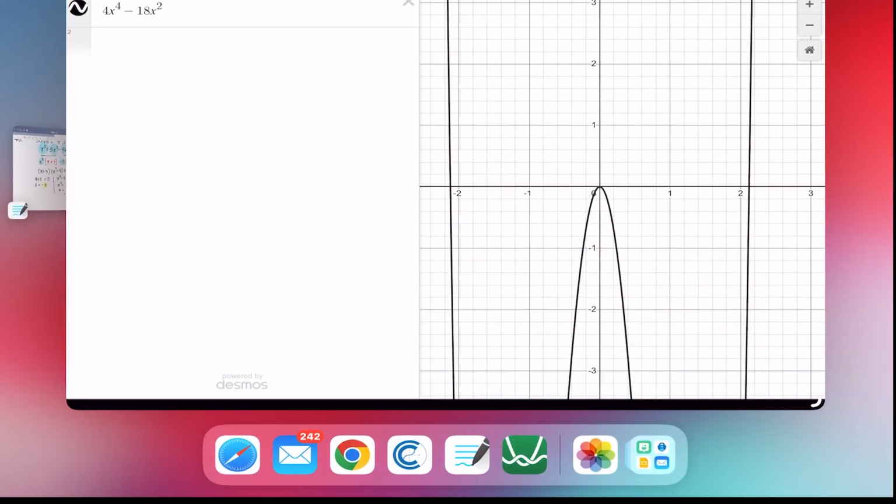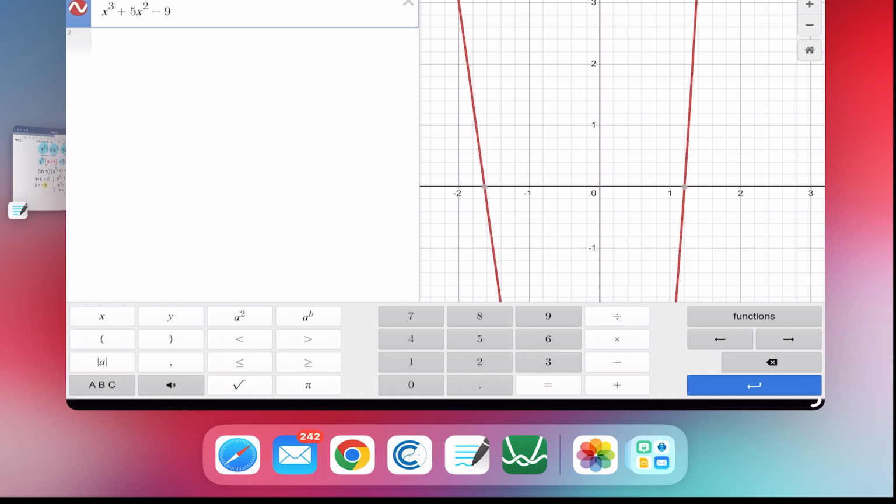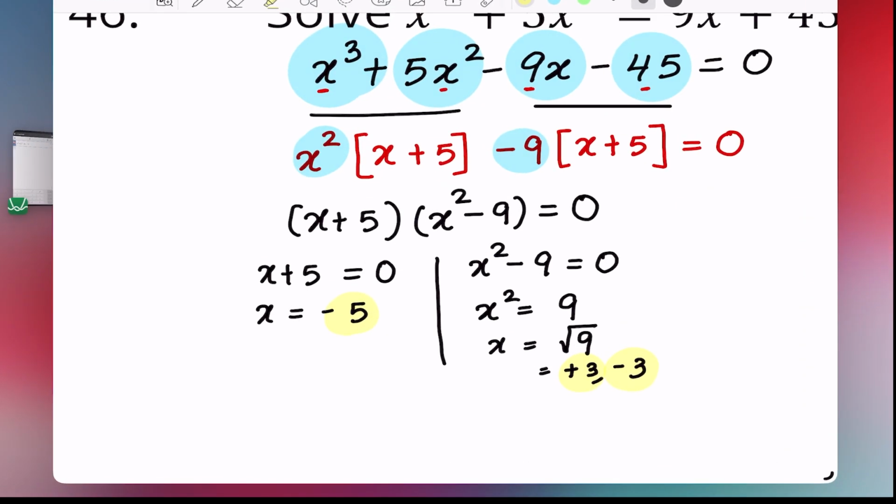All right, let's go ahead and plug this in. X cubed plus 5x squared minus 9x minus 45. I hope I have the right one, right? Yeah, minus 45.